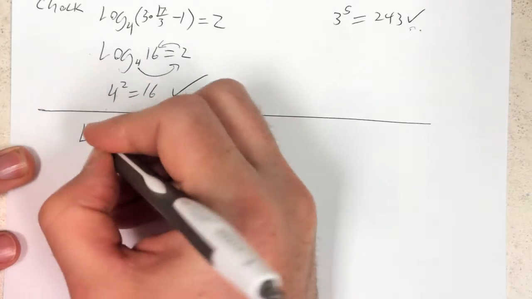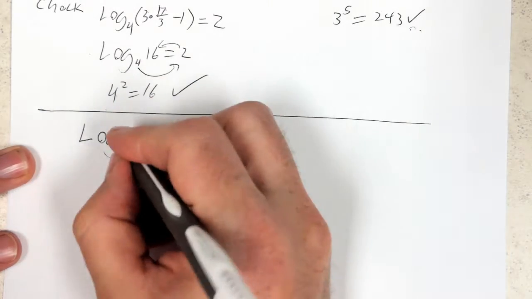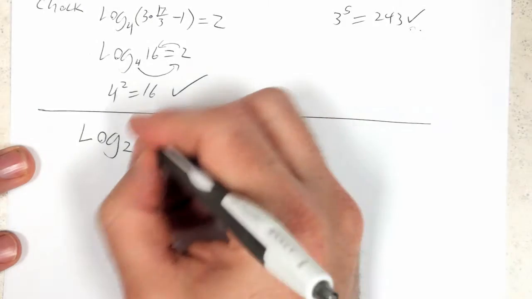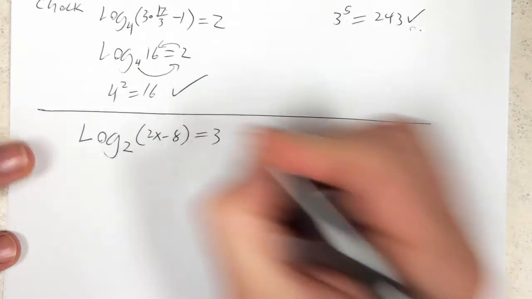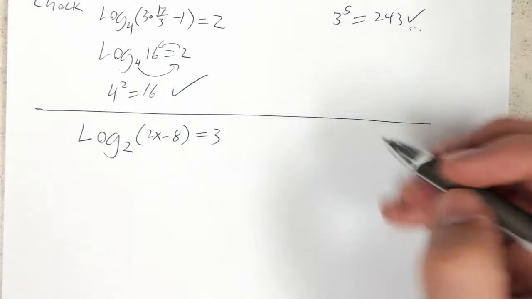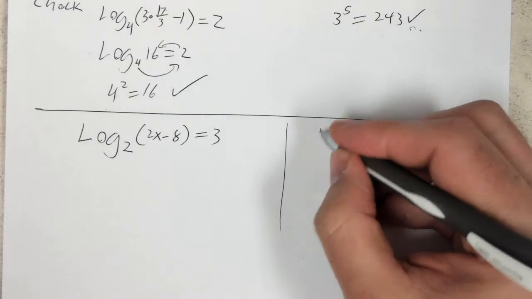Let's just try a couple more of these. This one: log base 2 of 2x minus 8 is equal to 3. So go ahead and try that one. I'm going to write another one up here.